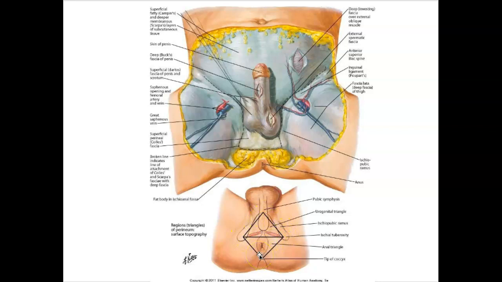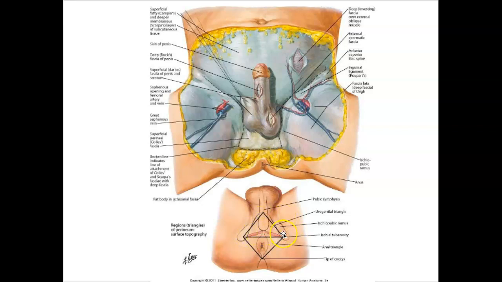If you're involved in any nursing care facilities, you may be charged with pericare, which is just the nursing care helping of patients care for this area who are maybe unable to do it on their own. But again, that diamond-shaped area, the anterior portion here between the two ischial tuberosities and the pubic symphysis would be that anterior portion called the urogenital triangle.